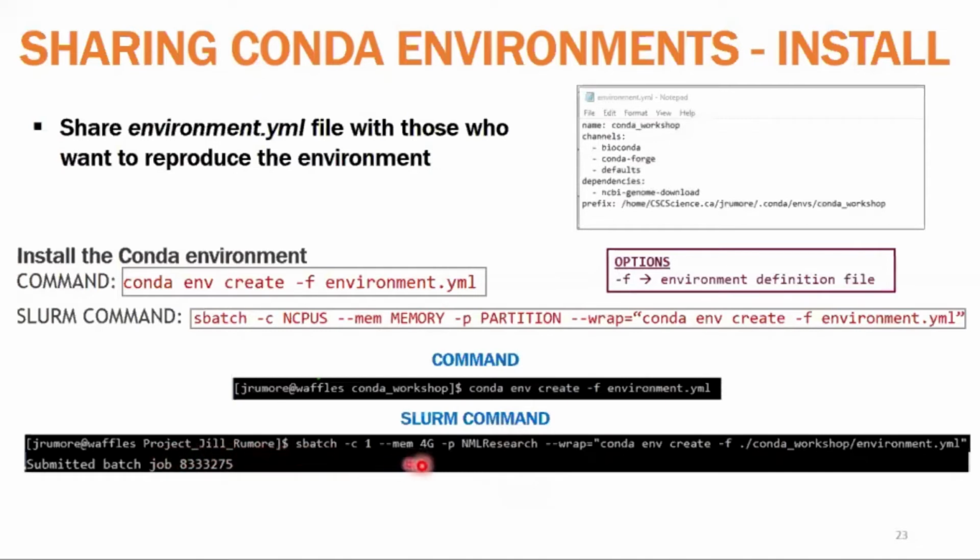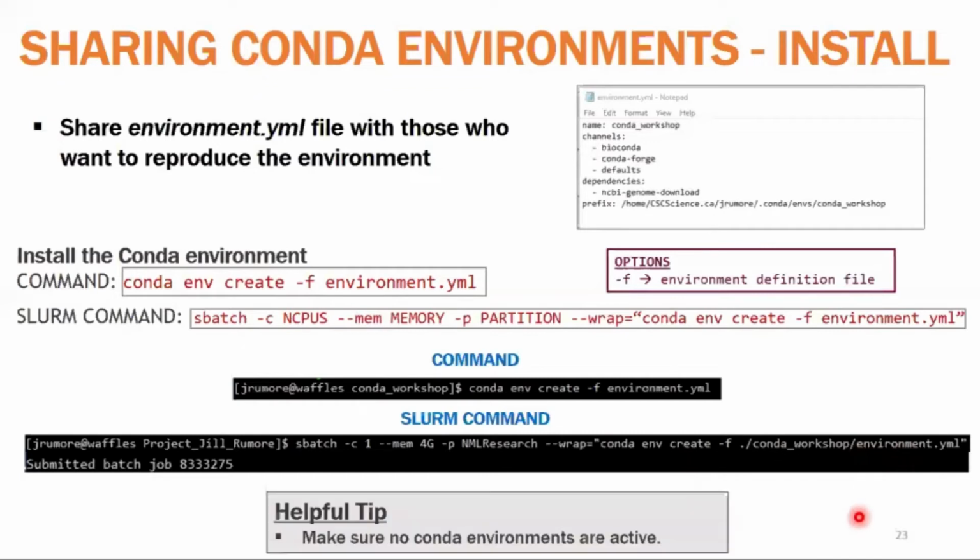So in the conda env create script, I have to show the command where the environment.yml file is by navigating through the directories till I reach the conda workshop directory where it is saved. And just always make sure before creating environments from .yml files that no environments are active.